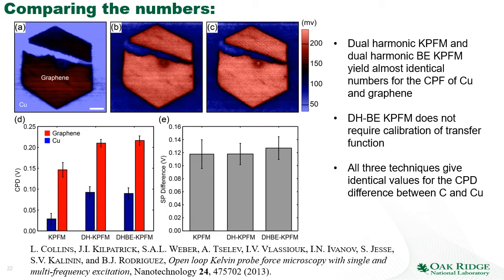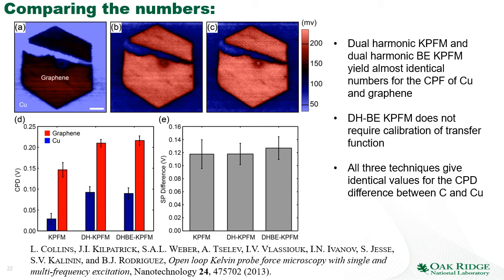So what does it mean? So KPFM is the classical technique, it's commercially available, it's easy to implement, but it suffers from the systematic error due to the feedback. DH KPFM requires the classical lock-in detection, but it requires a very careful and meticulous calibration of the transfer function.